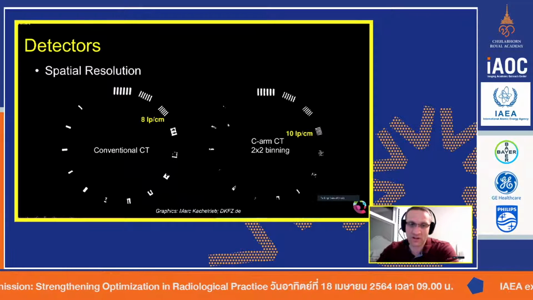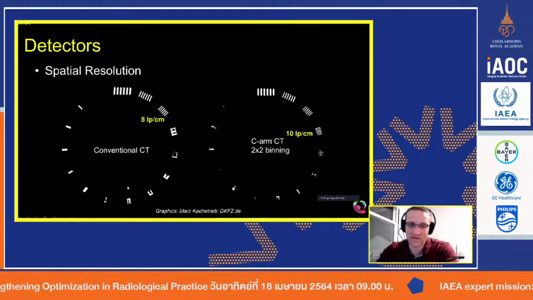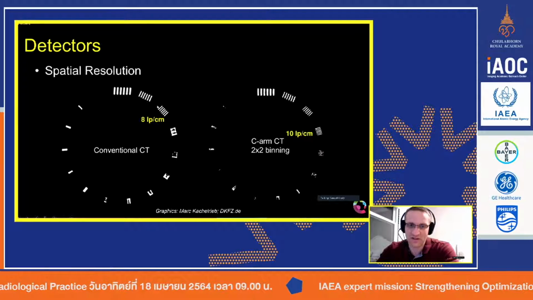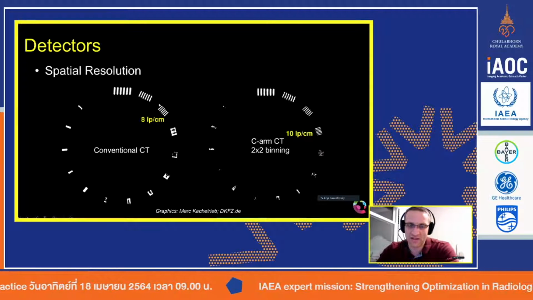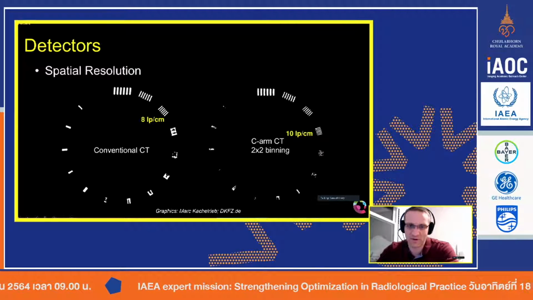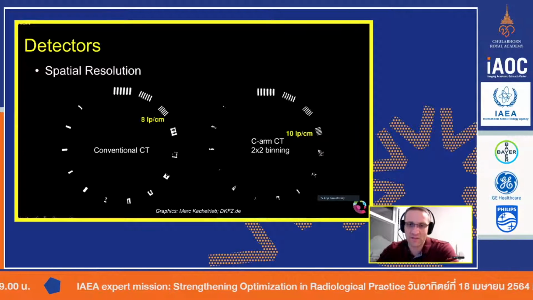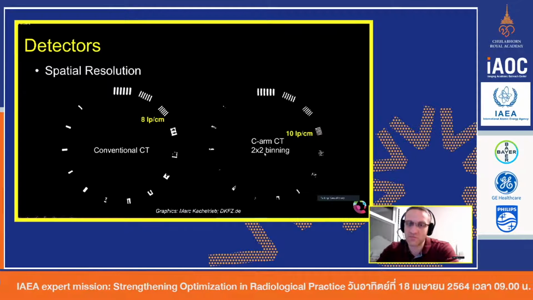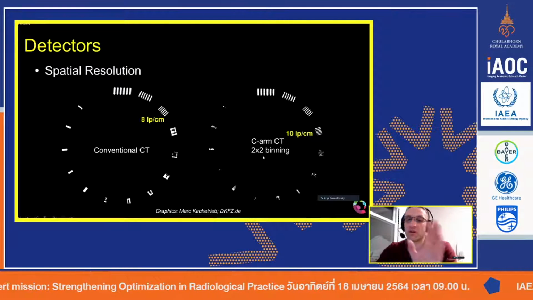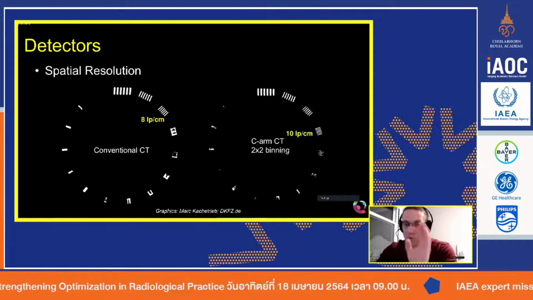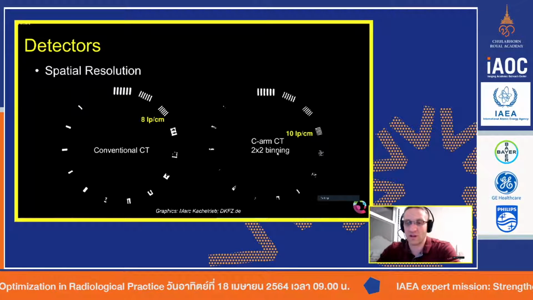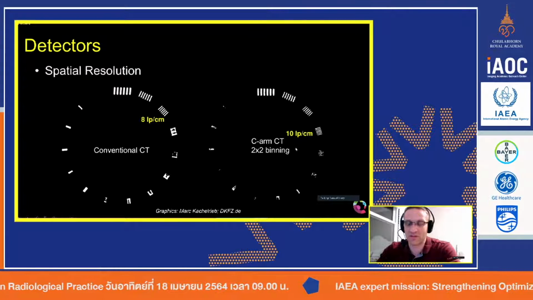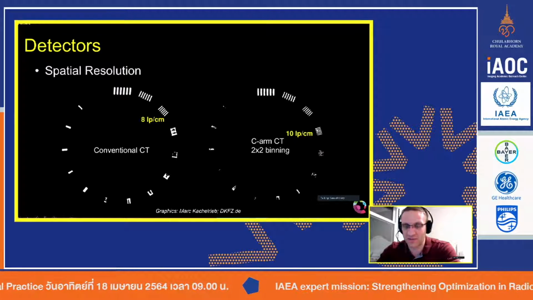Looking at the distinctiveness of these patterns, a conventional CT scanner can see 8 lines per centimeter, but after that it really falls apart. You really can't see the difference. But on the C-arm system, even though it's binned, which is its worst resolution, it can see 10 lines per centimeter.